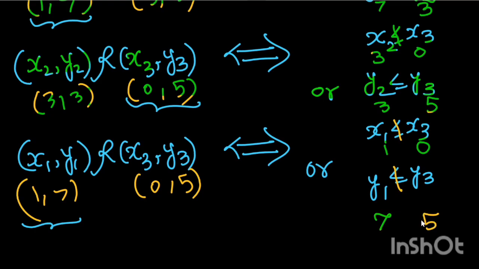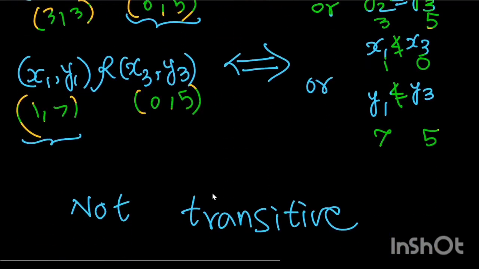And 7 is not less than equal to 5 either, and 1 is not less than equal to 0. So neither of them is correct. This is a counter example that we thought of, which refutes it being transitive. So this is of course not transitive.